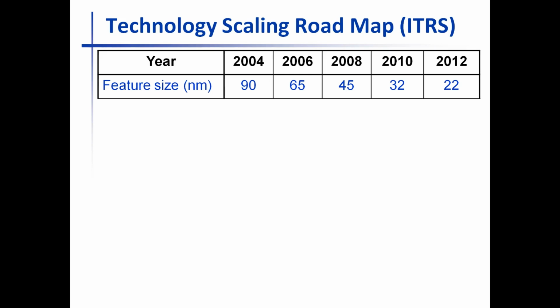Feature size in the manufacturing process. The minimum distance between the source and drain. Yeah, yep. So yes, while I say yes, there's no hard set definition for the feature size.